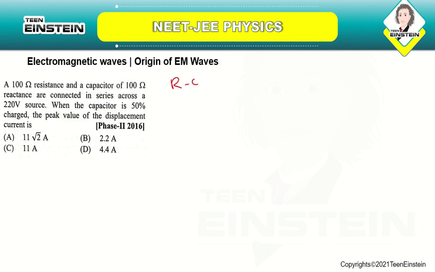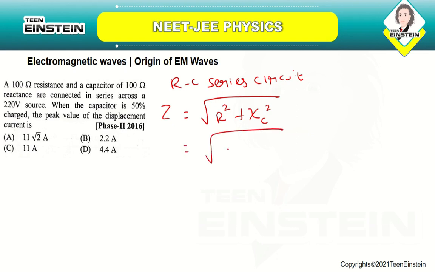For an RC series circuit, you will have Z is equal to root of R square plus XC square, which is equal to root of 100 square plus 100 square, because they are giving you the resistance value as 100 ohms and 100 ohms of reactance.